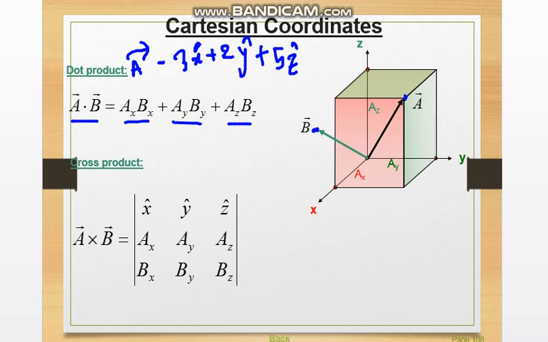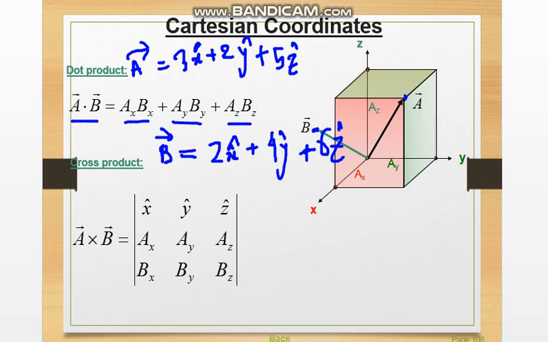And if we take the b vector like that, the b vector is 2x, 4y, and 6z.